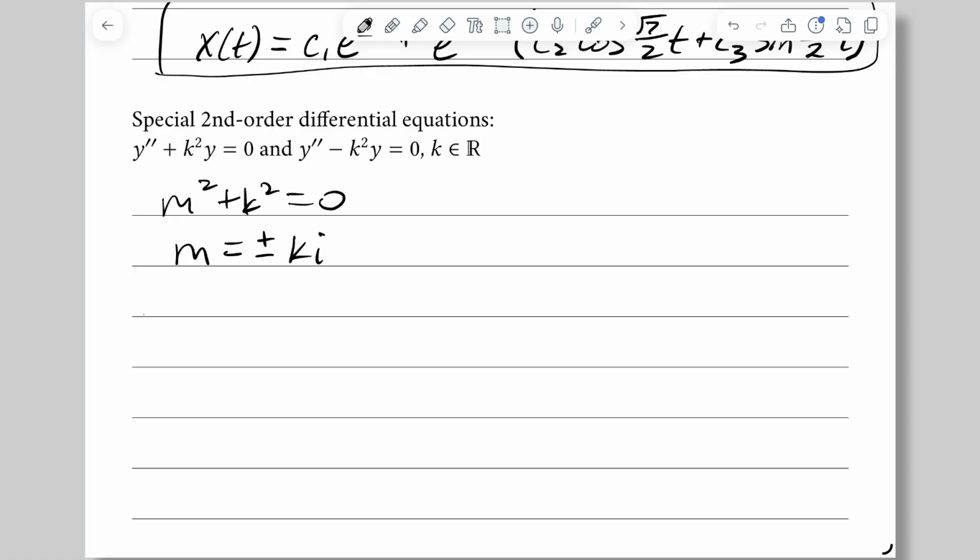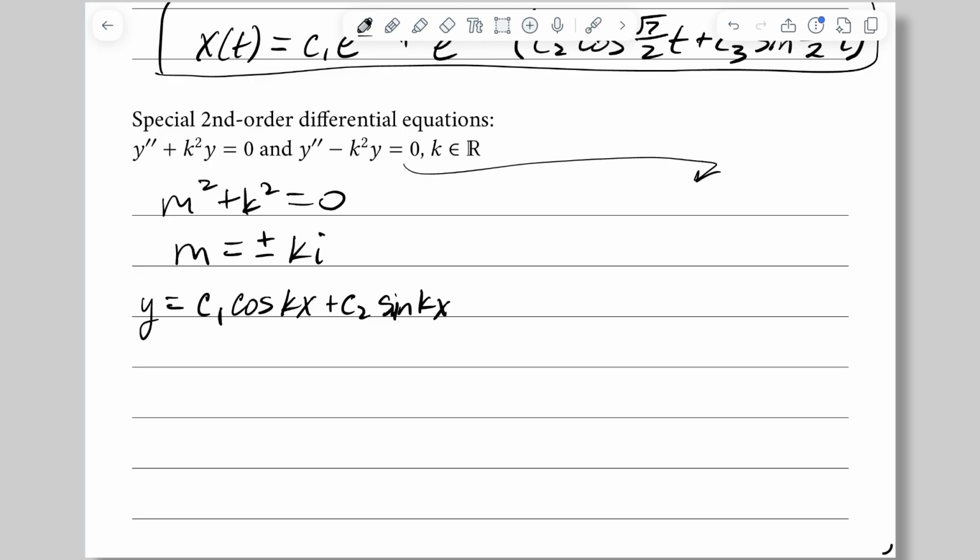Based on what we've seen, y equals c1 times the cosine of kx plus c2 times the sine of kx. It's a useful thing to know that when you have y double prime plus some number times y equal to 0, then your solution contains a sine and a cosine in it.